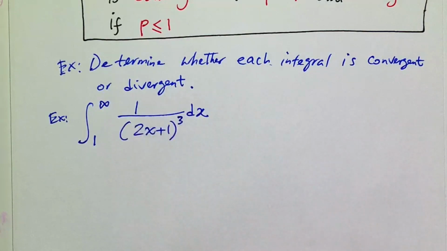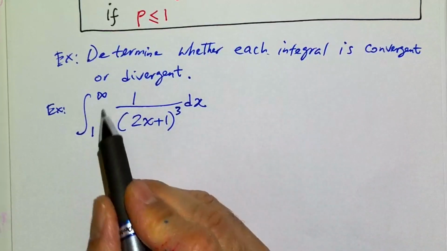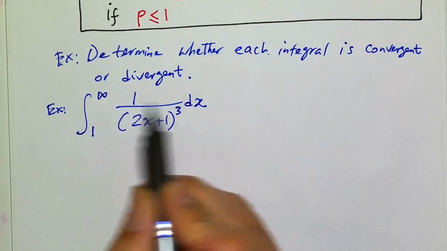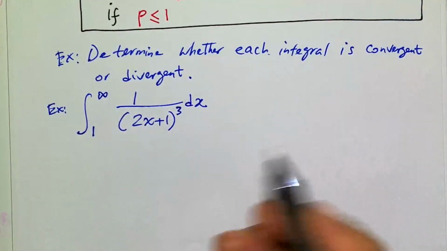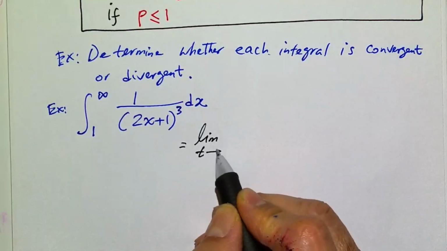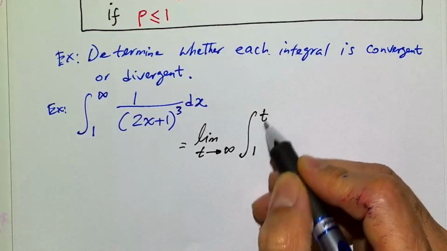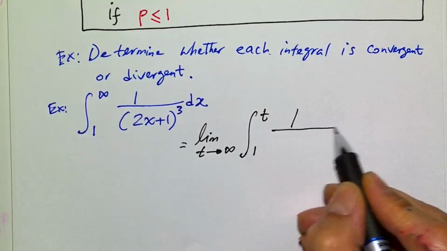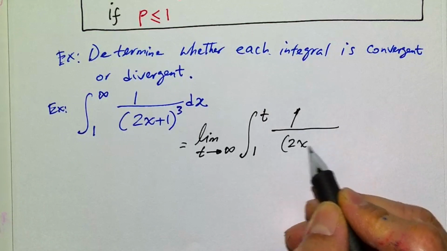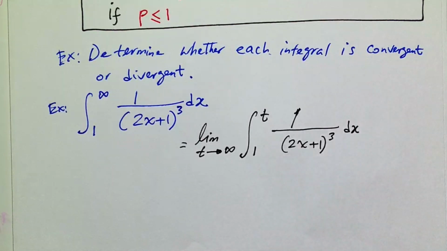So right away, we can set this infinity piece to t, and then take the limit of the integral as t goes to infinity. So let's do that. Limit as t goes to infinity of the integral from 1 to t of 1 over (2x plus 1) cubed dx.